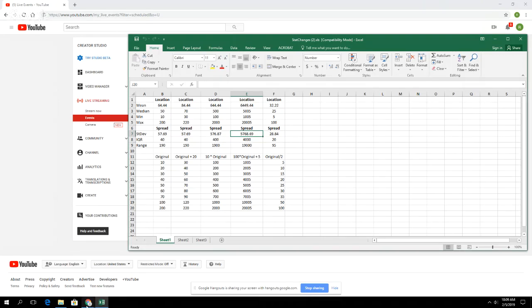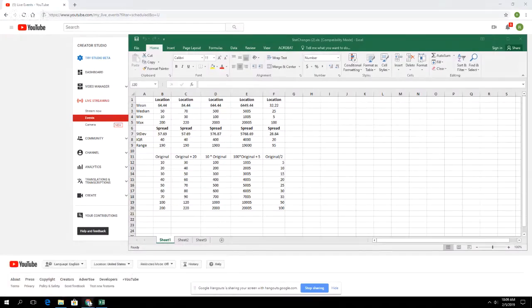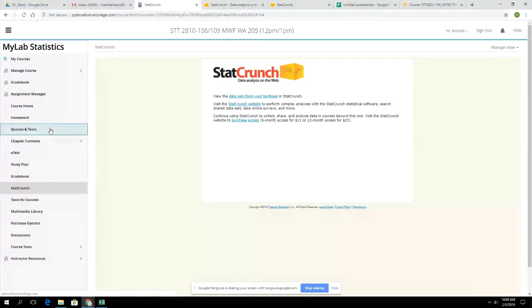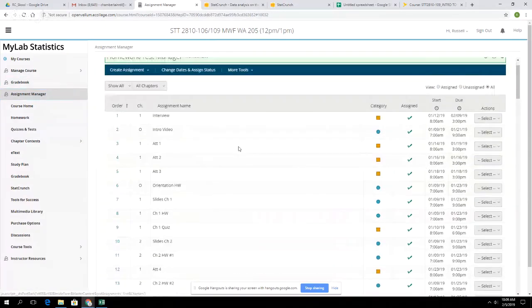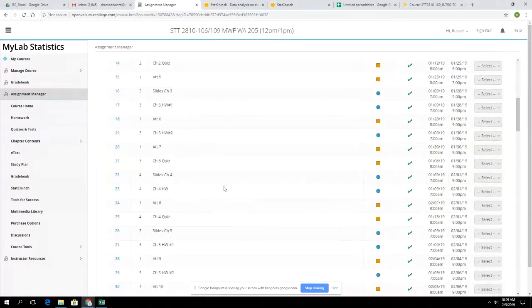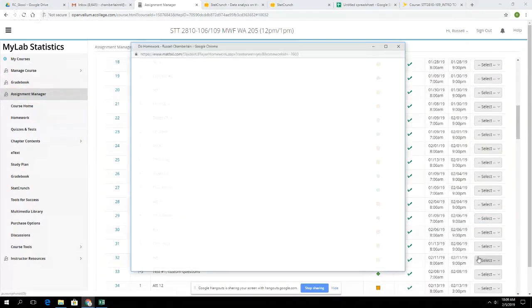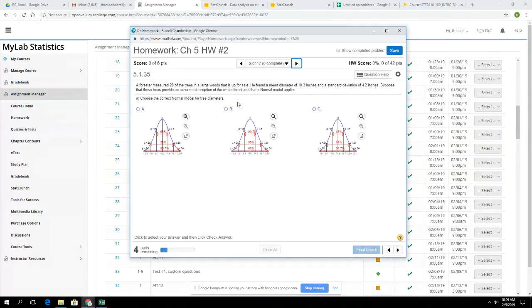So let's see how this relates to a problem, which I don't seem to have open anymore, darn it. Okay, hold on. This was a question from homework 5, or chapter 5, homework number 2. Yeah, okay, here's one. Was this the one?